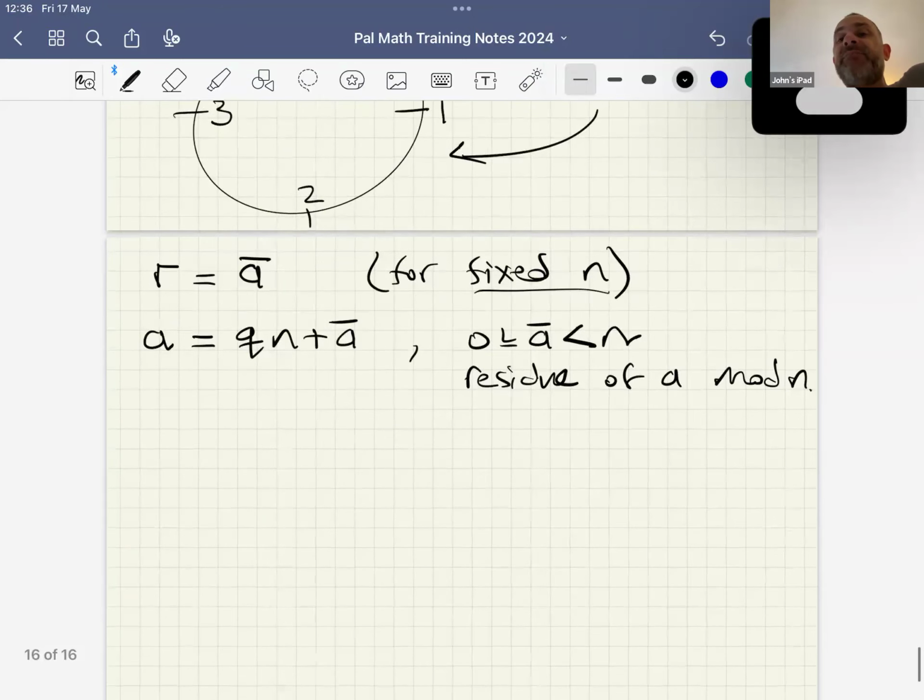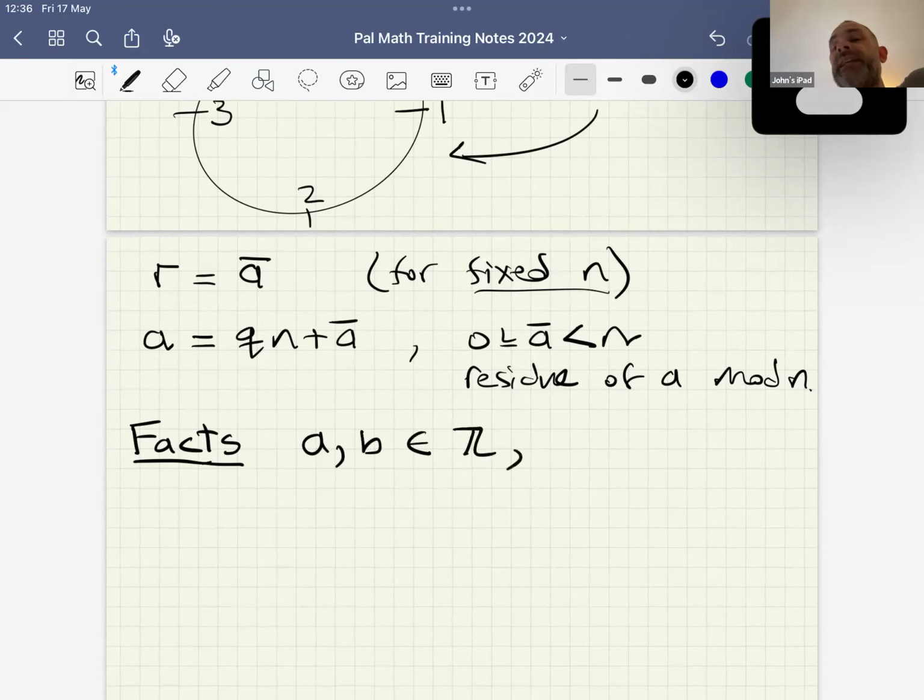Here's the key fact. There's two key facts. If you've got two integers a and b, then you can compare the residue of a plus b and the residue of a and the residue of b.